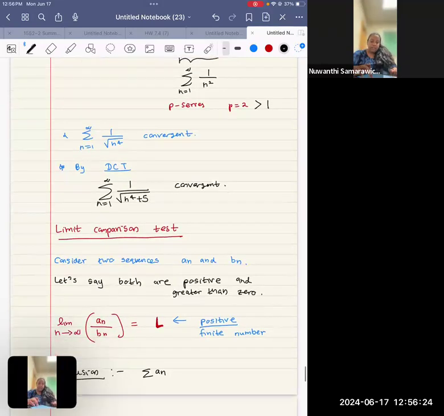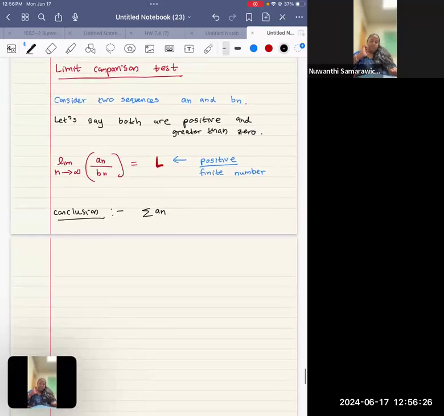Okay, so this is the new part, the limit comparison test. So I will explain again. If you have two sequences, both should be positive, that means greater than 0.